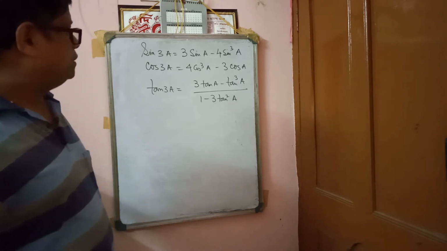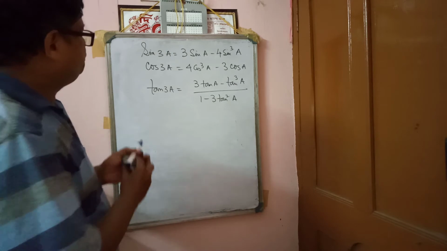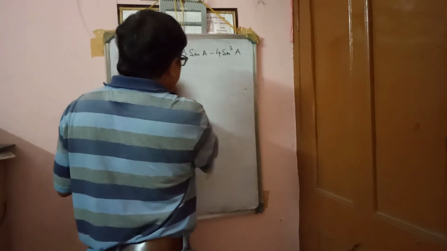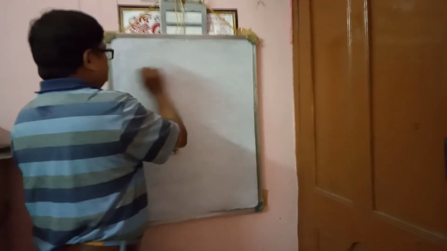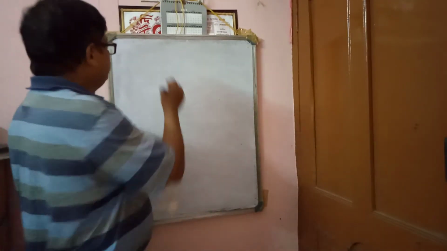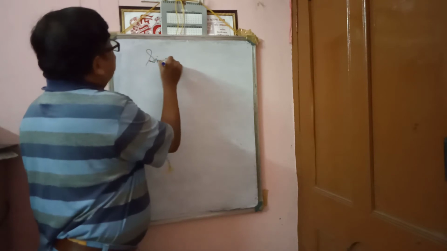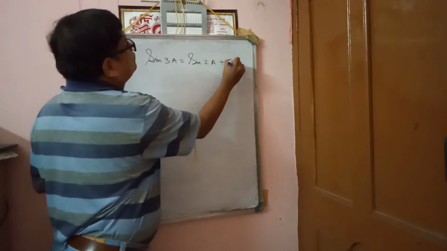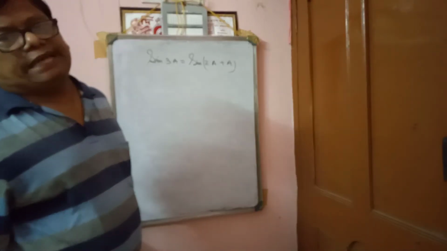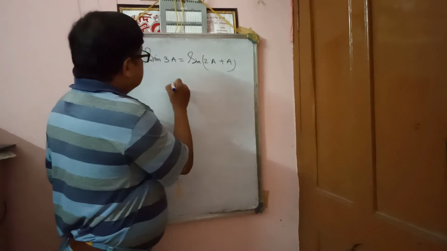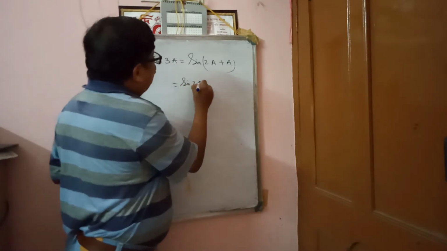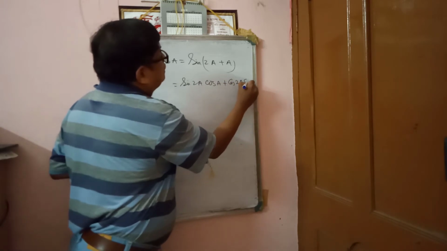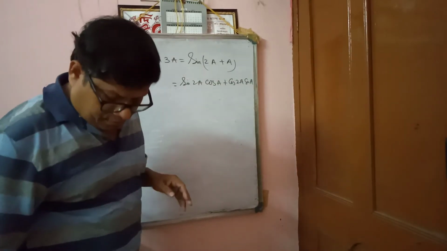So I am proving it here, look here. All of you remember. So sin 3a, we can write as sin of 2a plus a. So write sin a cos b plus cos a sin b.